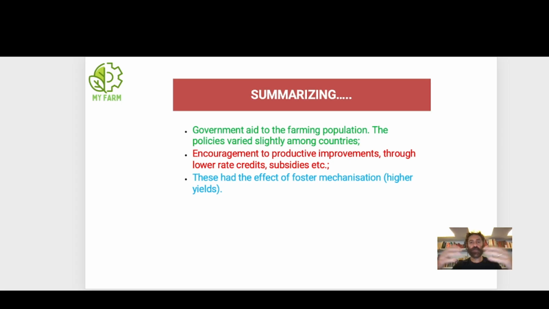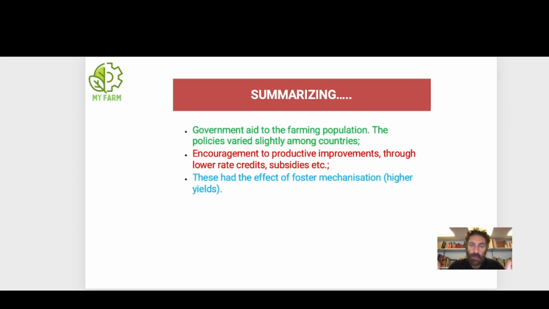So summarizing the first phases of implementation of the CAP, we could say that government aid, of course for farmers, and public support that the common agricultural policy warranted to the European Union, or at least the six member states that started the economic community in 1960, varied slightly among countries, because we know France has an agricultural structure and specificity very different from Italy and Germany.